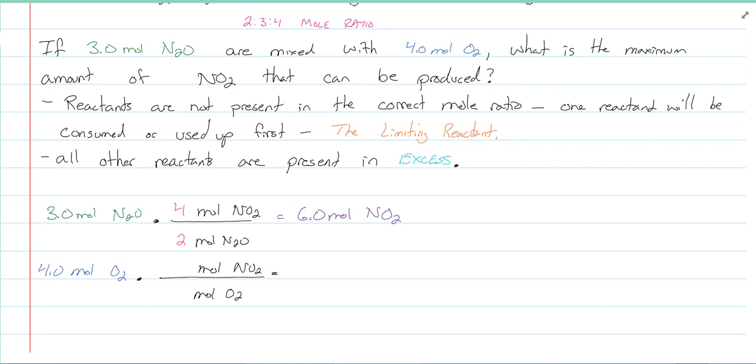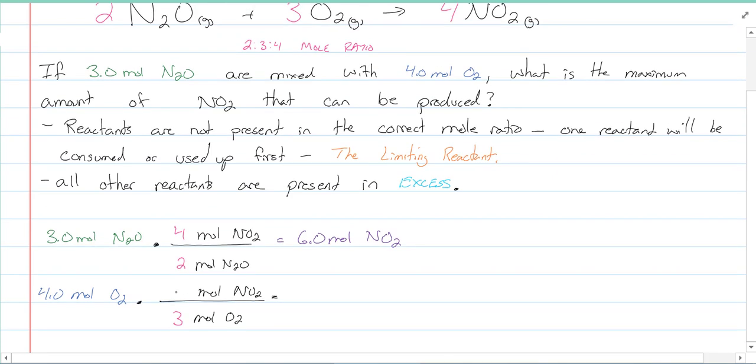We have 3 moles of O2 in our reaction and 4 moles of NO2, so that's going to produce about 5.3 moles, 16/3, of NO2. So which one is smaller? This one. So what does this mean? This means that O2 is the limiting reactant.